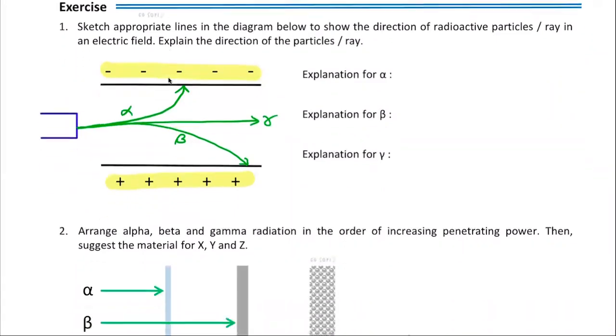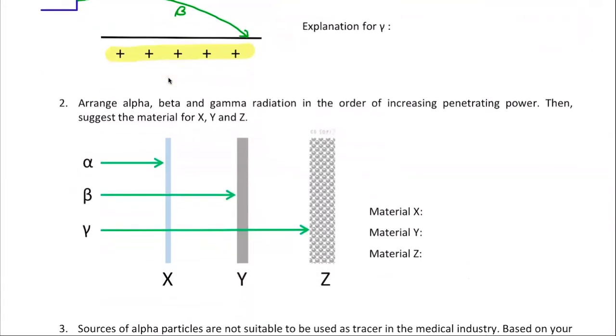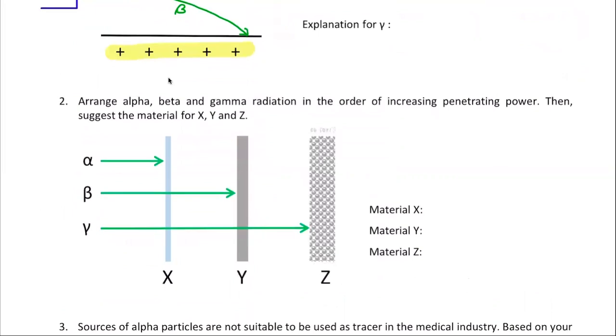Alright. Number 2, arrange alpha, beta, and gamma radiation in the order of increasing penetrating power, and then suggest the material for X, Y, and Z. So how do we write the order?